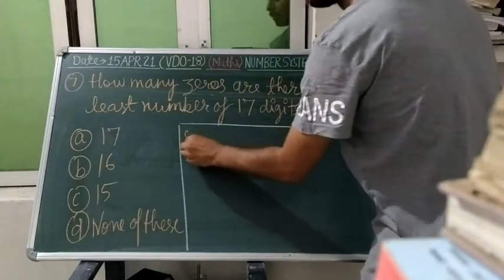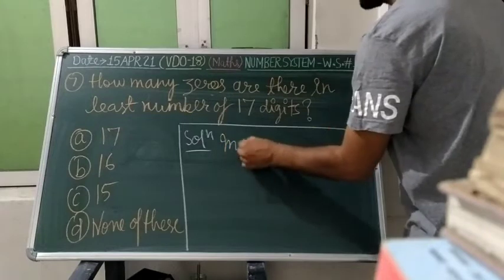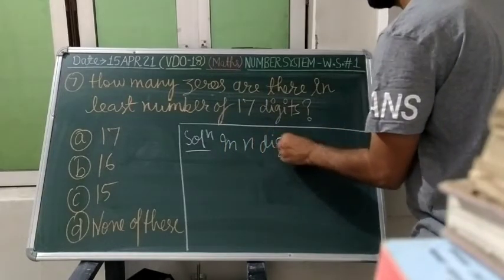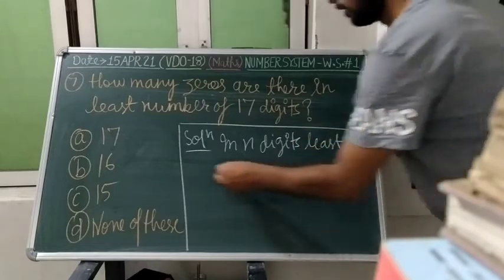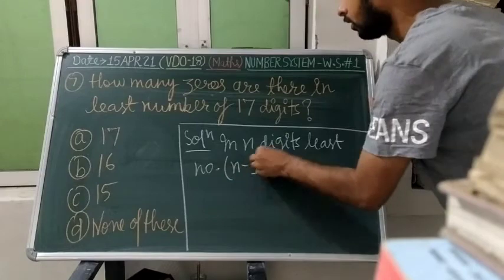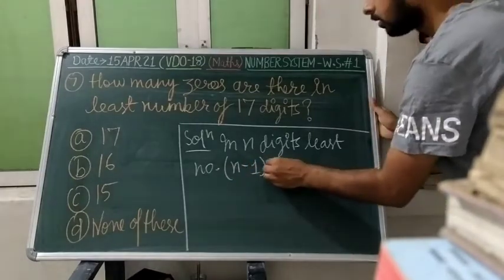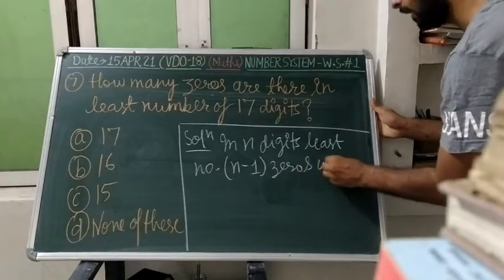But I have told you that in n digits, the least number has n minus 1 zeros.